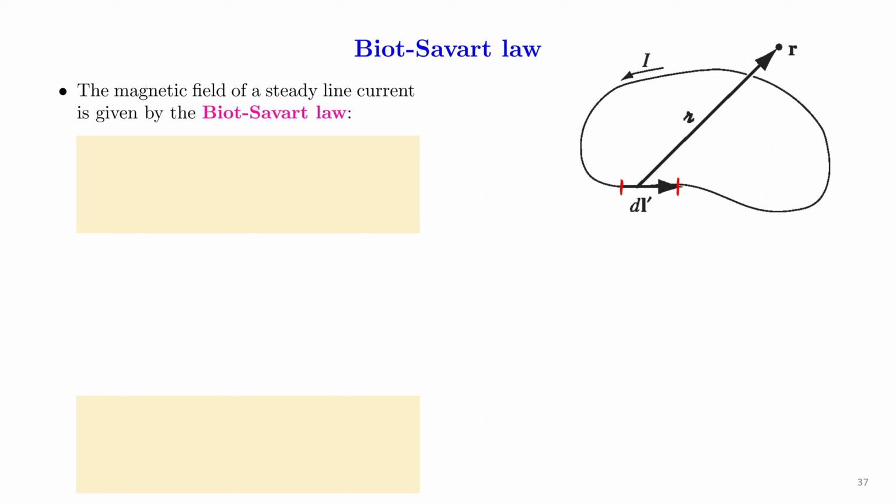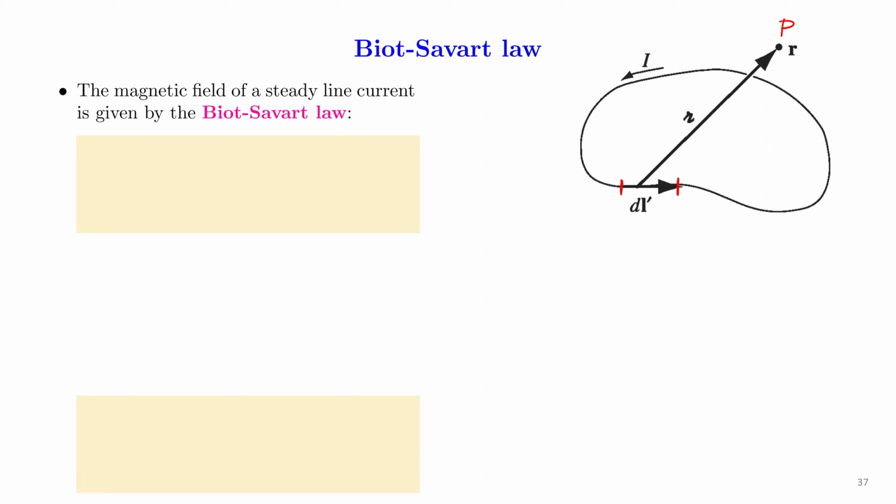This point is the field point, and the distance between the source and field points is represented by the vector script r.